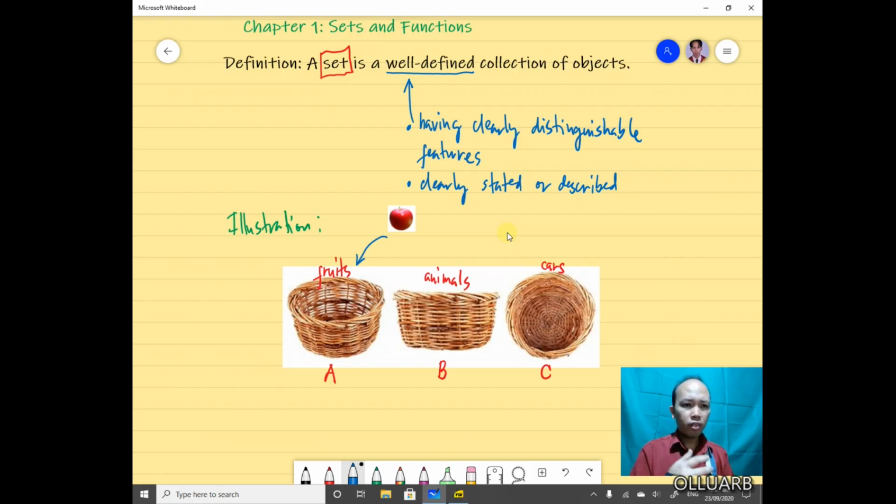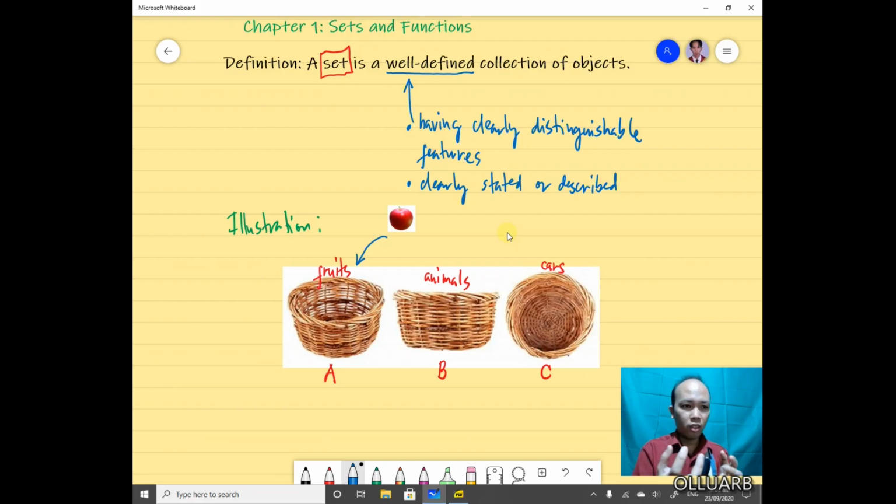So the question now is, is there a collection which is not well defined? Meaning to say, is there a collection where if you have an object, you cannot identify where that object belongs to?